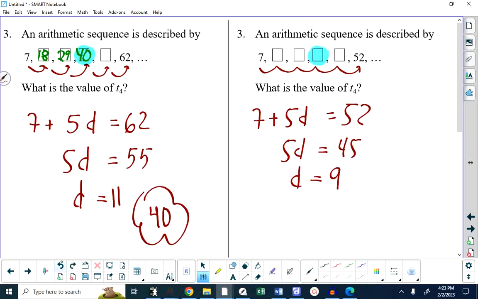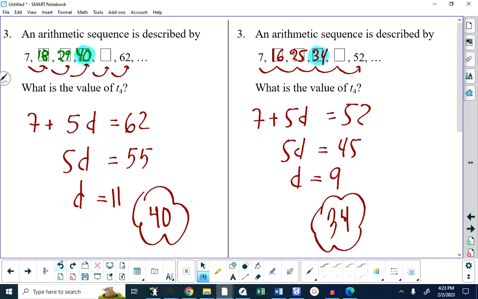And for the version on the right, if I take the first term, which is 7, and add 9, I get 16. If I add 9 to 16, I get 25. If I add 9 to 25, I get 34. So the correct answer for the second version is the fourth term is 34.